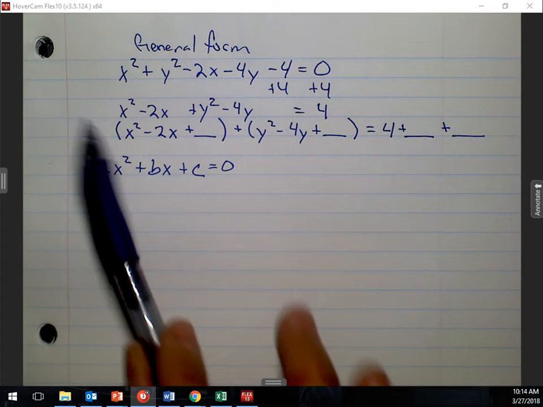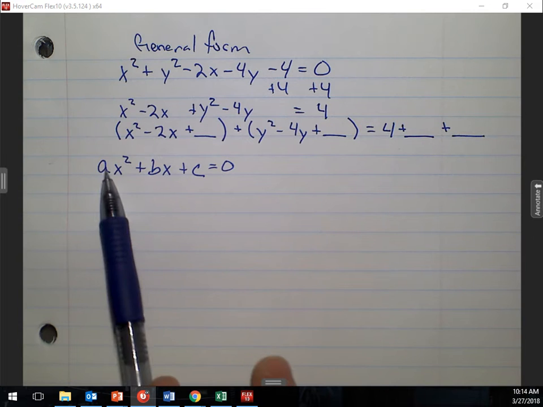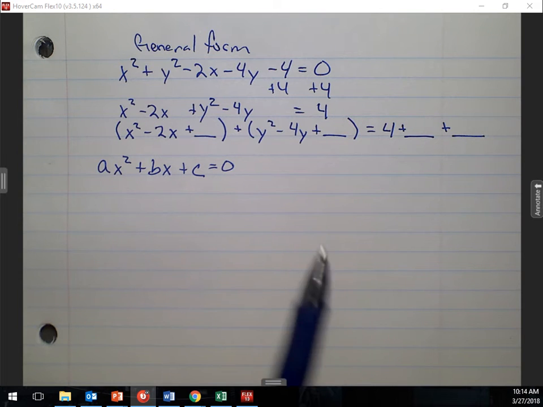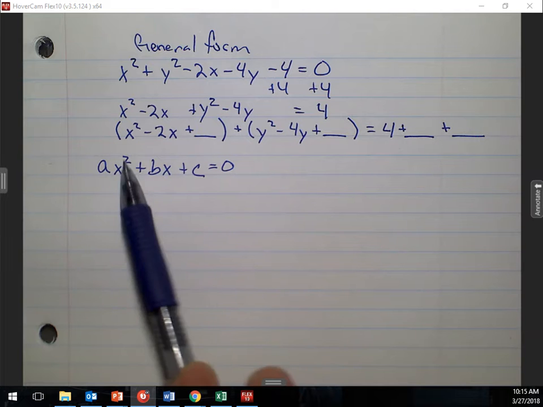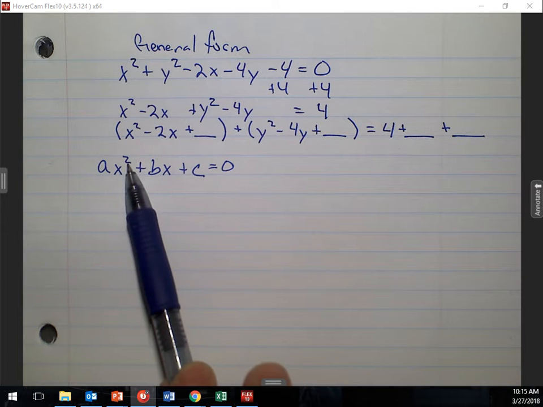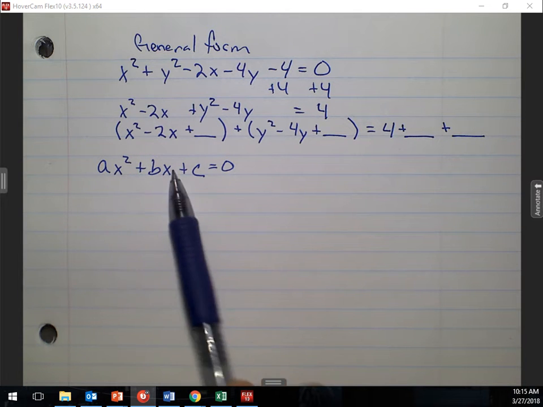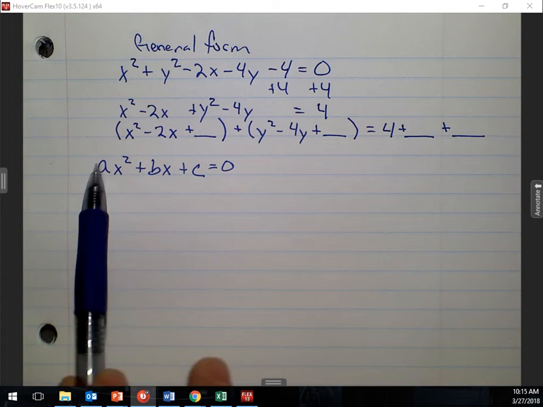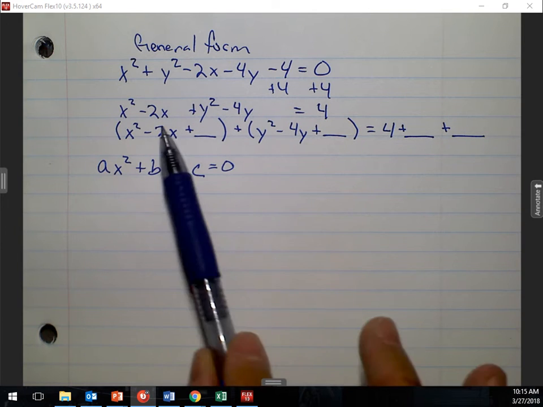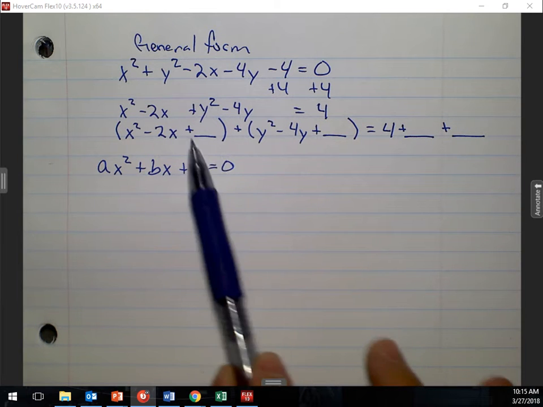Okay, I know you guys actually did some of this in Algebra 1. So it's ABC, and ABC only refers to the numbers in front of your x, and it has to be in descending order. So it's x squared, then x, then no x. Are we okay still? So I'm basically just talking about this one right here.